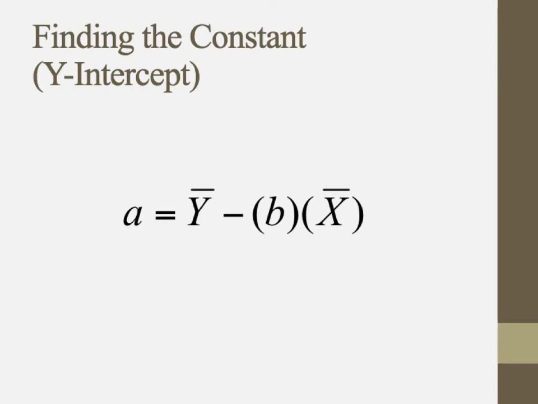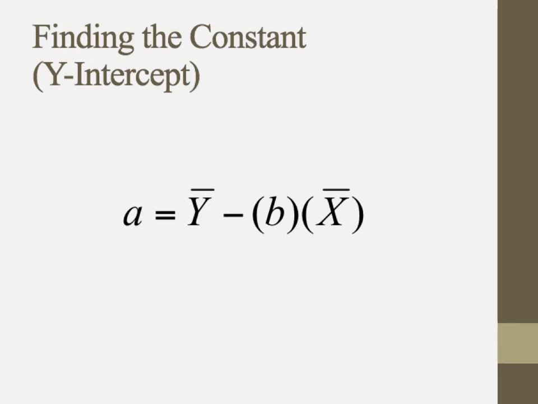Now that we have our value of b, we also need to solve for our value of a so that we can make predictions, so that we have the complete line of best fit. So this is our equation for a. We have the mean of the y minus b, which we just calculated, times the mean of the x.